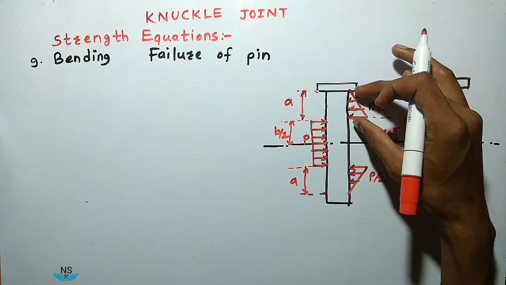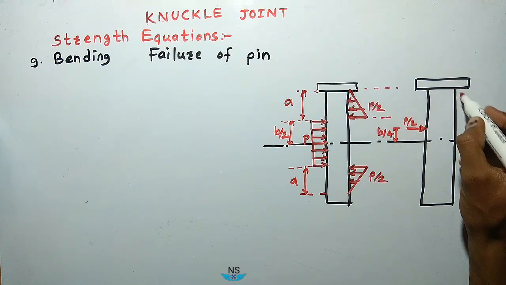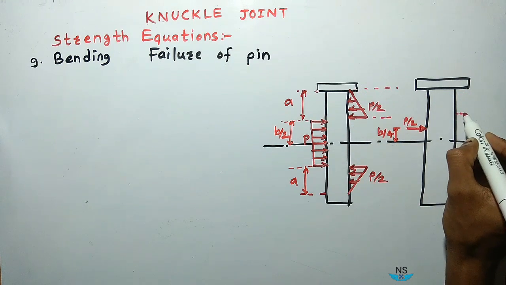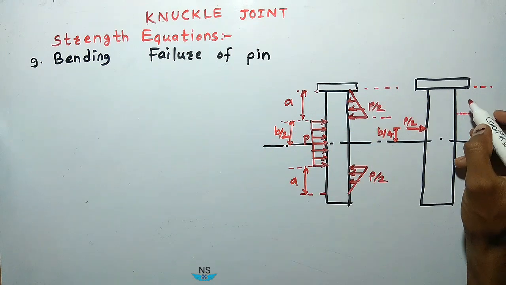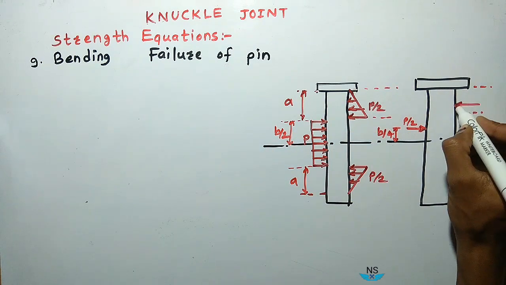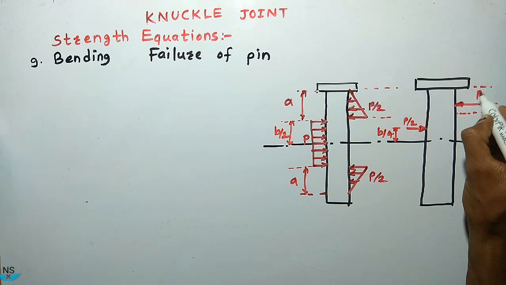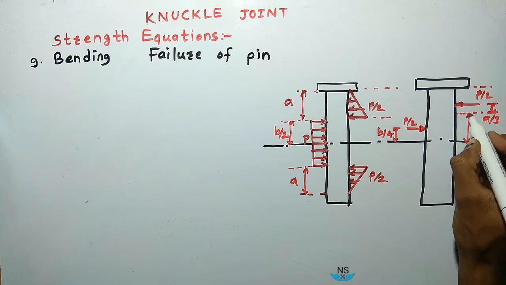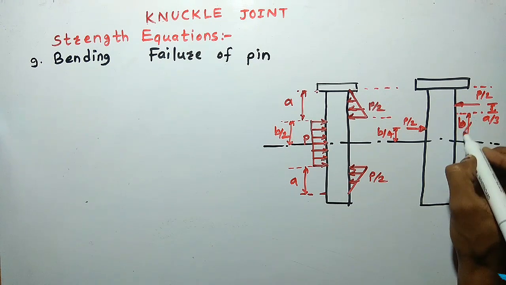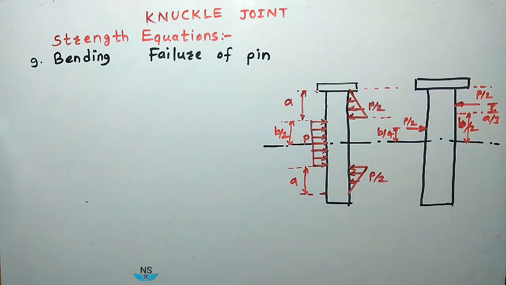Now the point load of this UVL is P by 2, and if this is a, then from the base side it is acting at a by 3. So this distance is a by 3 and this distance is b by 2. This total is b. Now where does the maximum bending moment take place? At the center.